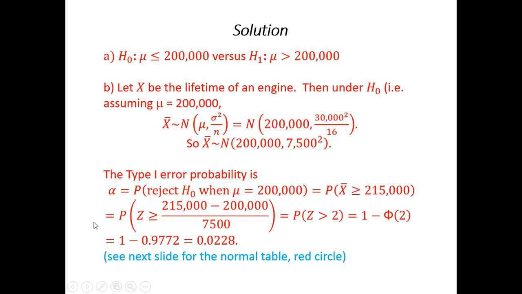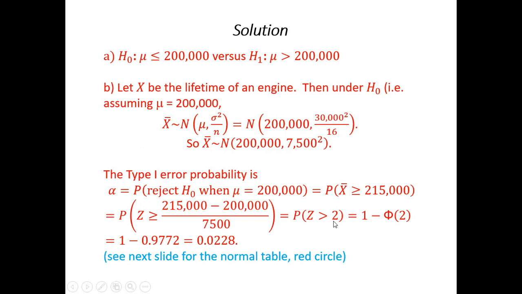So we get the probability z is greater than or equal to (215,000 minus 200,000) over 7,500. So this is the standard deviation for the x bar distribution. So this fraction simplifies to just a 2. So we want to find the probability z is greater than 2.